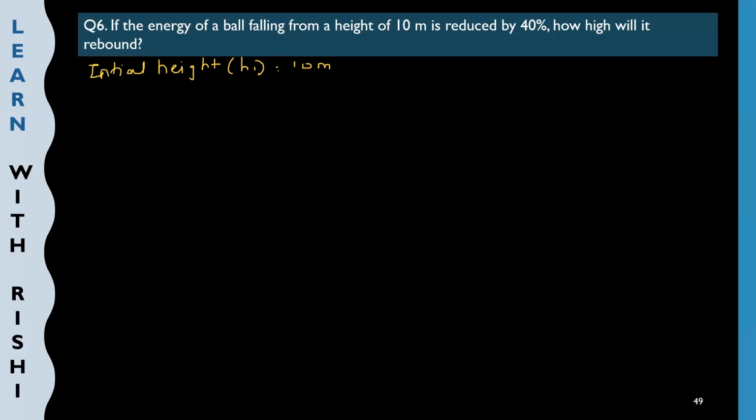So here I will write, initial height h1 is equal to 10 meters. And the initial potential energy, that is potential energy 1, is equal to mgh1.